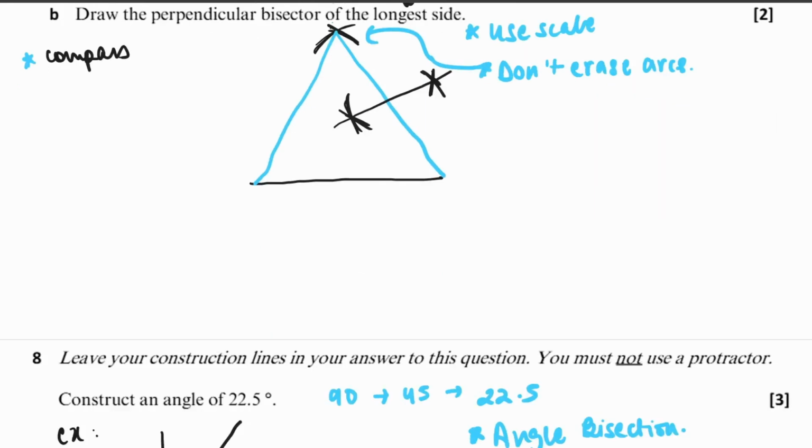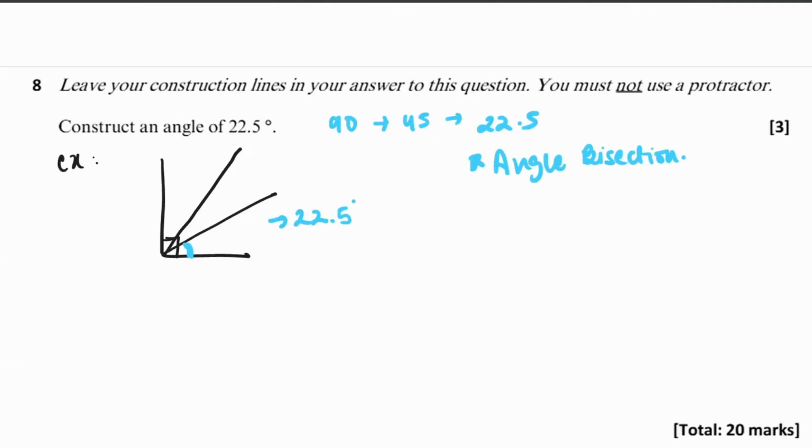Okay, so the eighth question: leave your construction lines in your answer to this question. You must not use a protractor. Construct an angle of 22.5 degrees. Okay, so first of all, don't panic. This is a very easy question. If you can't use a protractor, what you can do is make a 90-degree angle, simply two lines joining, making sure that the lines are not tilting or slanting anywhere.